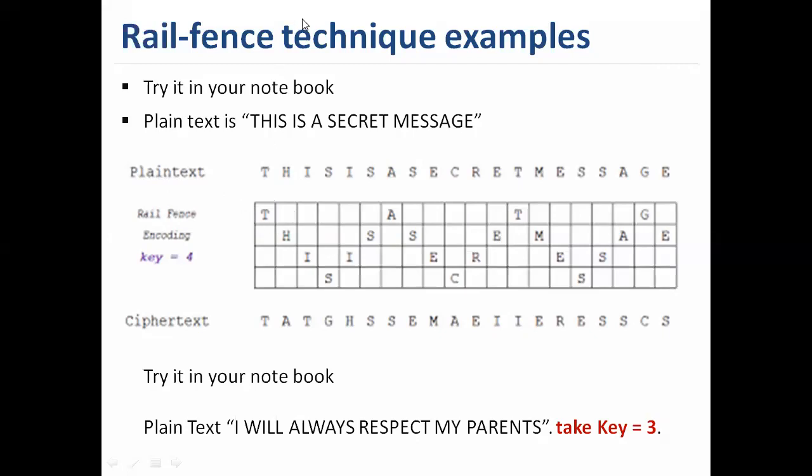But why have we taken four rows? Anybody? Key equal to 4. Yes, the key is equal to 4, so we have four keys as well. So we have taken the diagonal way, that is 4.